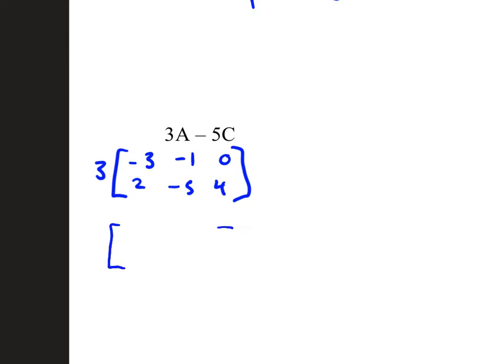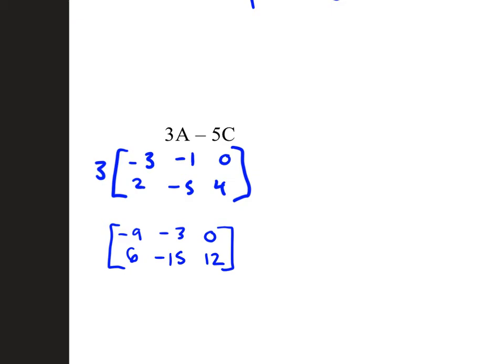So what would our new first row be? -9, -3, 0. Awesome. What's our new second row? 6, -15, and 12. Perfect. So that's 3 times A.